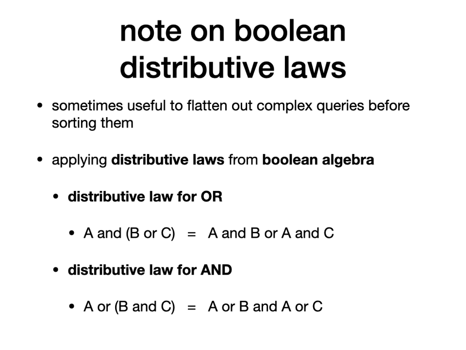So we can apply these same laws. The law for OR would be A and B or C is the same as A and B or A and C. You distribute it through the parentheses. The distributive law for AND is the inverse here. So A or B and C is the same as A or B and A or C.